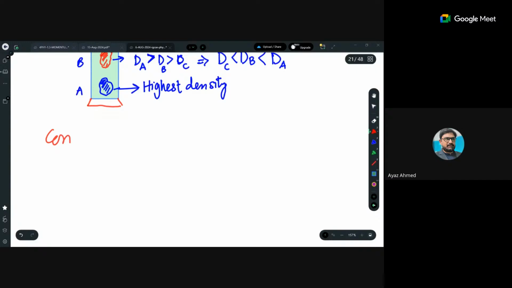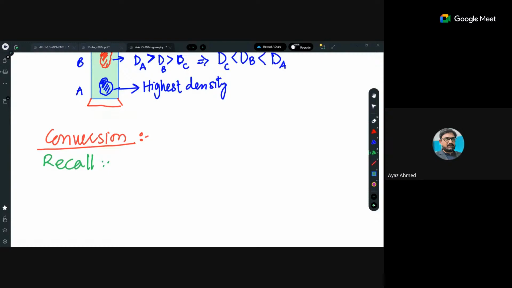So just move on to the conversion, and then I will go to the measurements. What is conversion? For conversion, you just have to recall one conversion. It is just memory recall. No need to go into detail about how it was derived. I will make you clear about it, but in the exam it will not be required.